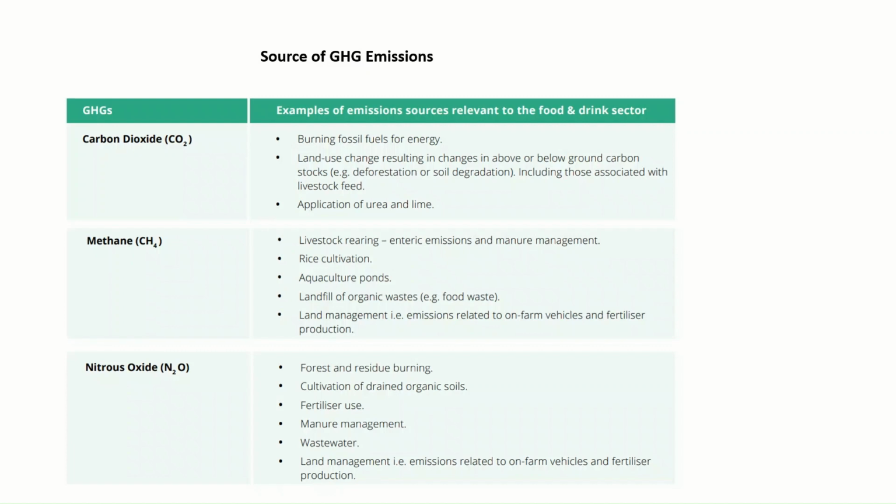Whenever we use a high amount of fertilizer, nitrous oxide is released into the environment. Manure management is the same, because it contains nitrogenous compounds and produces nitrous oxide. And wastewater and land management as well. Land management is responsible for all different kinds of emissions: carbon dioxide, methane, and nitrous oxide.